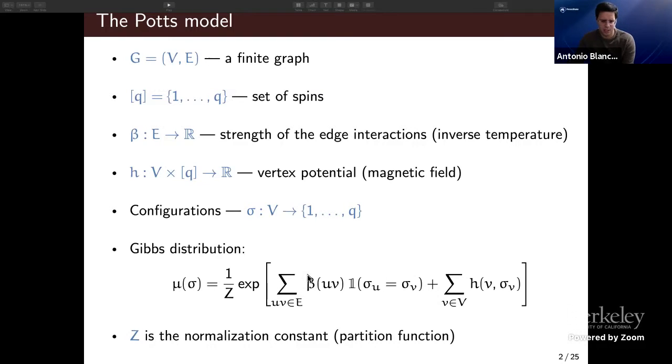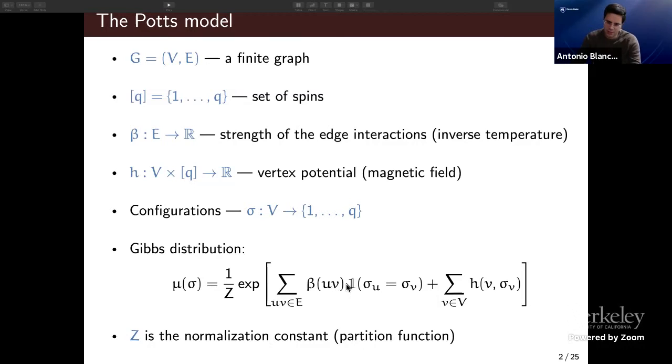Which is given by this expression here. For a configuration sigma, the probability is given by some normalization constant. And the weight essentially has a factor e to the beta evaluated on the edge, provided that the endpoints of the edge have the same spin.